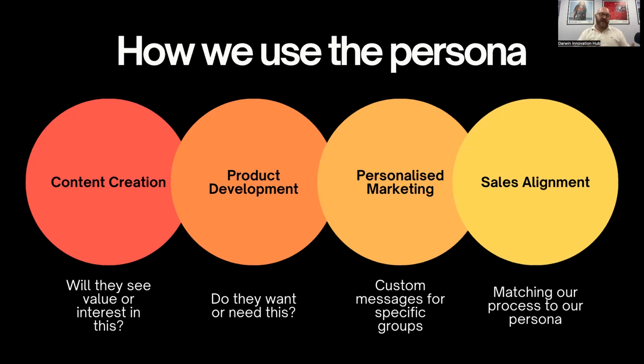And then you're aligning your sales process with that. There's no point stocking a beautiful shop window in the middle of your local CBD only to find that your customer persona hates shopping in person and they want to buy everything online. So you match your sales process to the people who are in your persona.